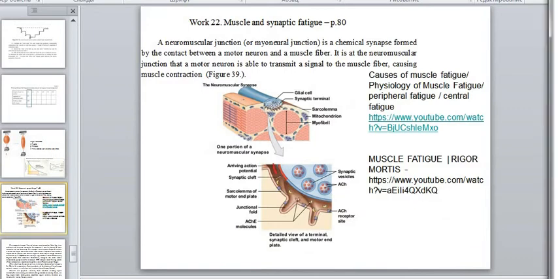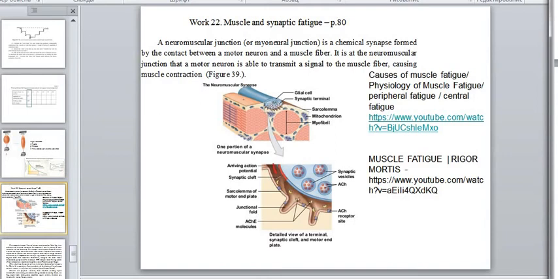Performance of any work leads to fatigue. This is a temporary loss of working capacity. This condition passes after rest. Fatigue is manifested by a decrease in the shortening amplitude and an increase in the latent period.